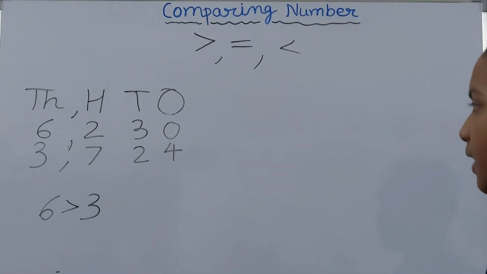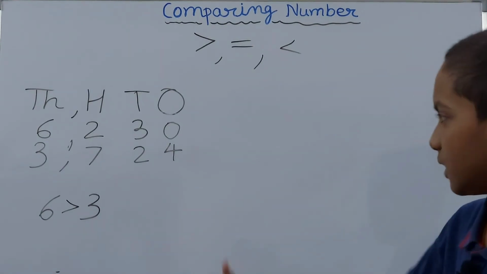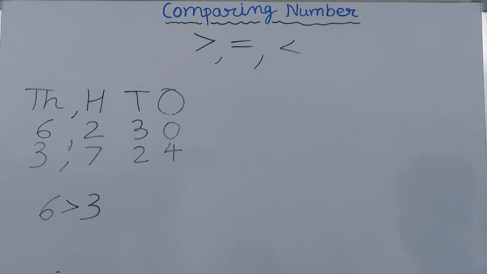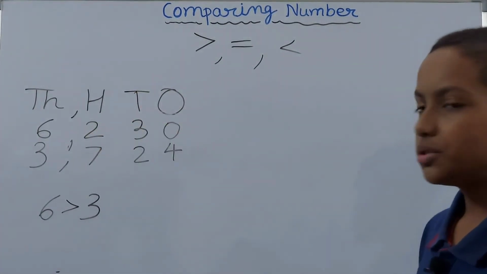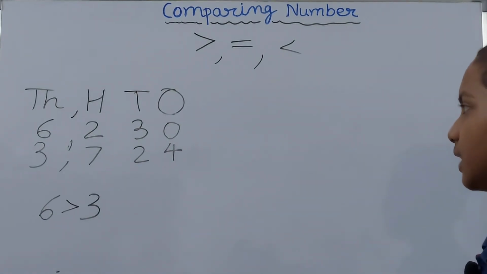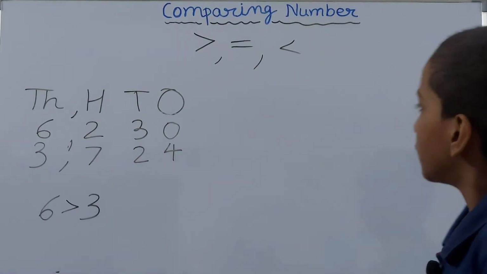You can see here. So now friends, when we have got the answer that 6 is bigger than 3, it will be 6230 is bigger than 3724.